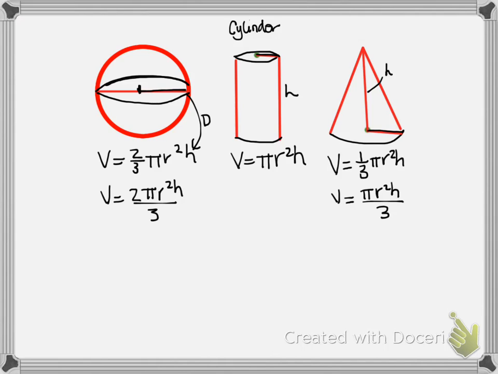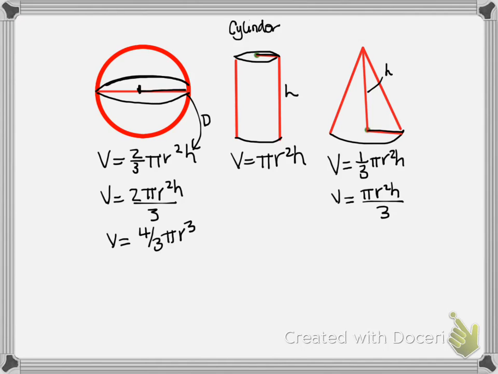So basically, in any volume question that you get, you have to determine which one of these formulas you want to use. Now we also know that there's another formula for the sphere that you may see, which is volume equals 4/3 pi r cubed. The reason this formula works is because the diameter is twice the radius, which means the height is twice the radius.